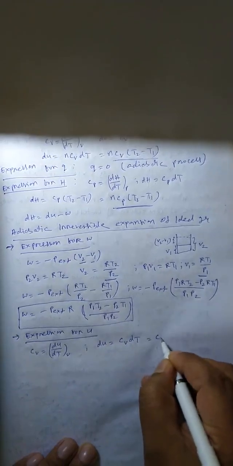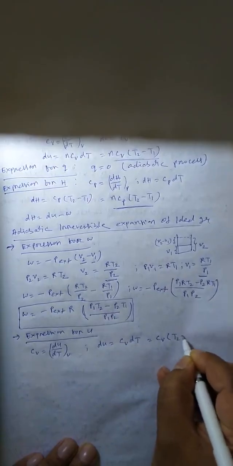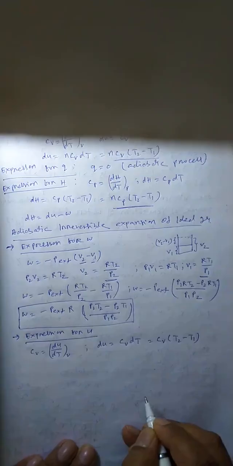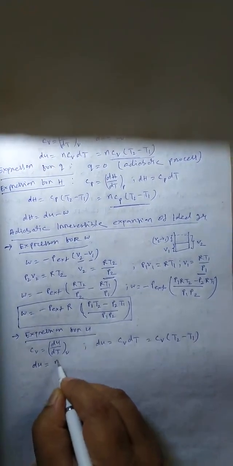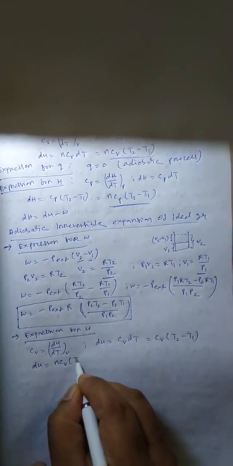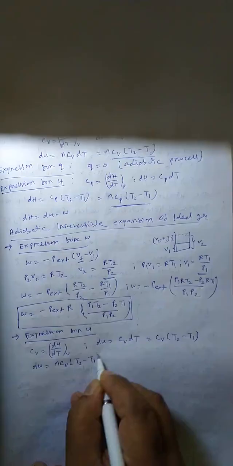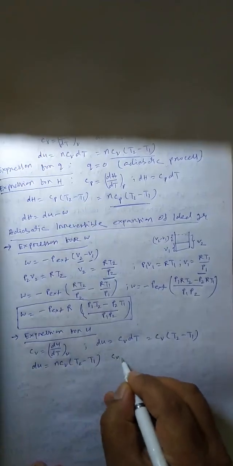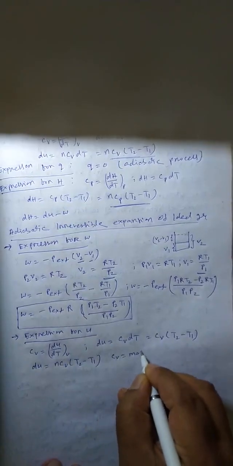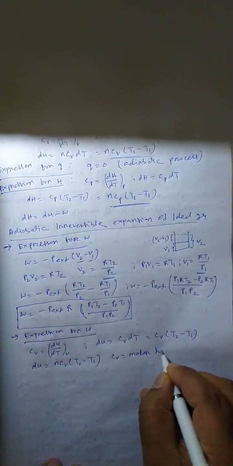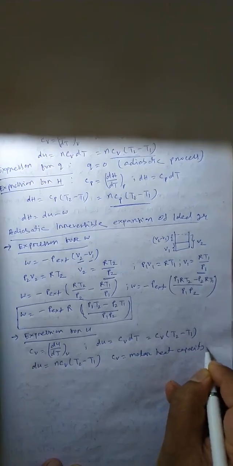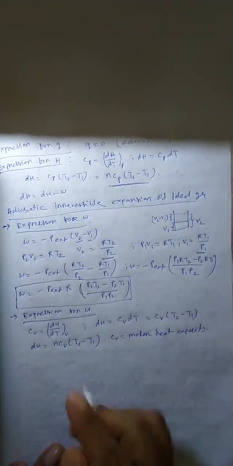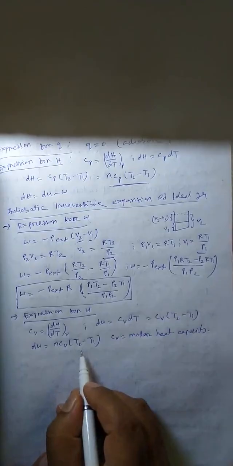Then we can write Cv (T2 minus T1). For n moles of gas, dU is equal to nCv (T2 minus T1), where Cv is the molar heat capacity. Molar heat capacity means for 1 mole of gas. For n moles of gas you can write it in this way.